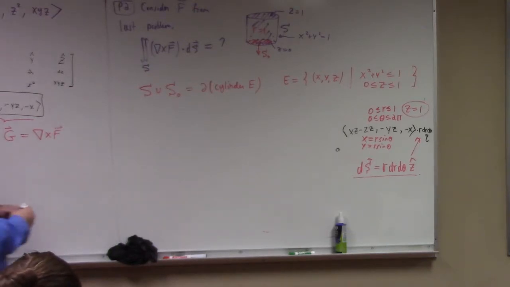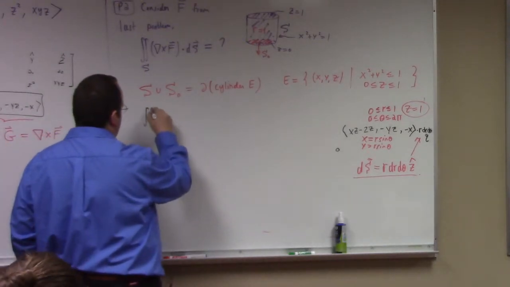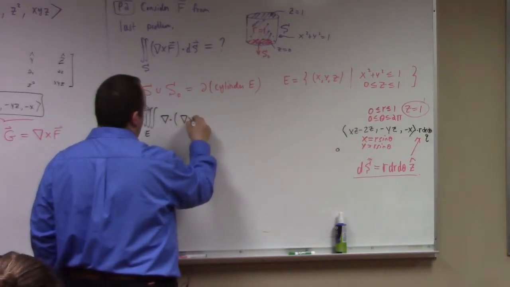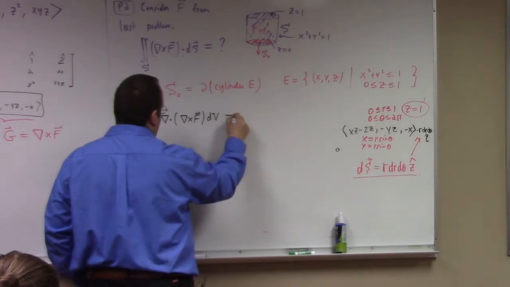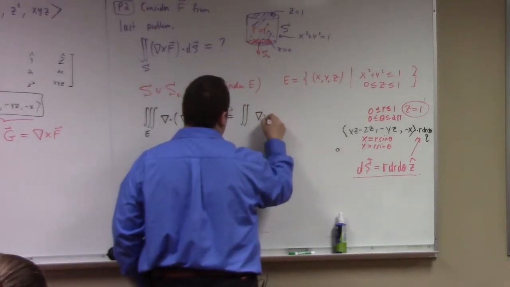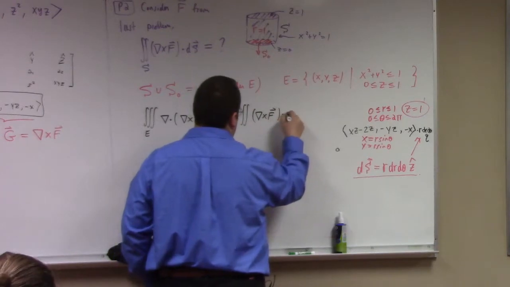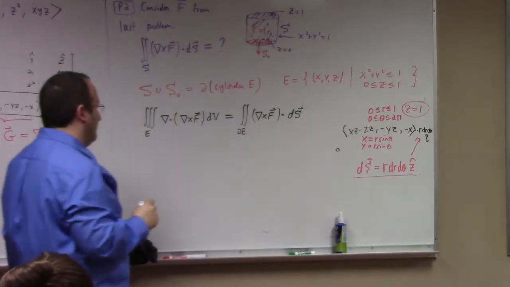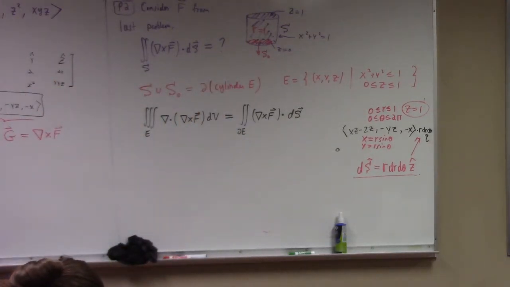The divergence theorem says that the triple integral over E of the divergence of the field in question, which in this case is the curl of F, is equal to the flux of the curl through the boundary of E. Since I constructed the curl correctly in the previous problem, I can't mess it up, either through the general vector identity that the divergence of the curl is 0, or through straight calculation.